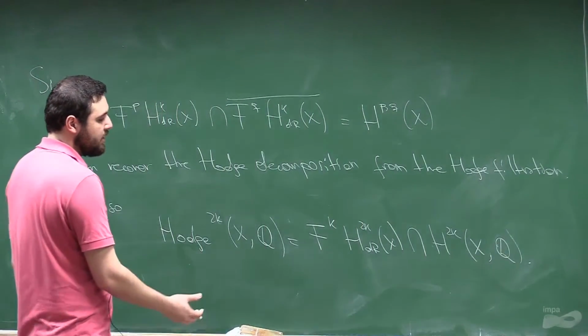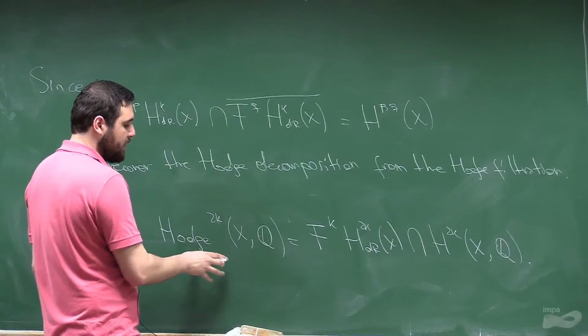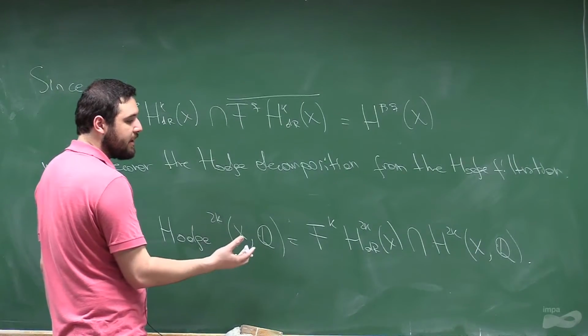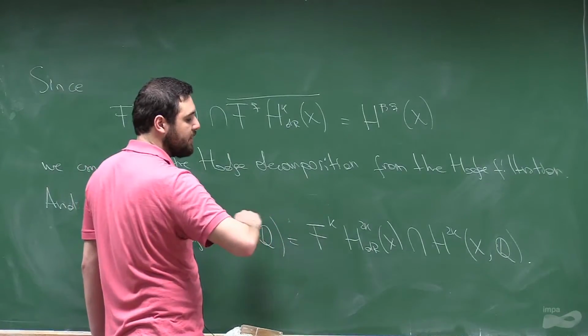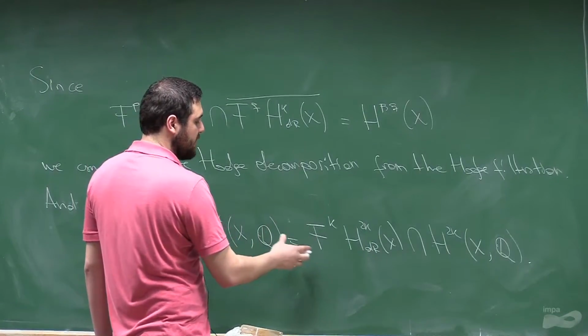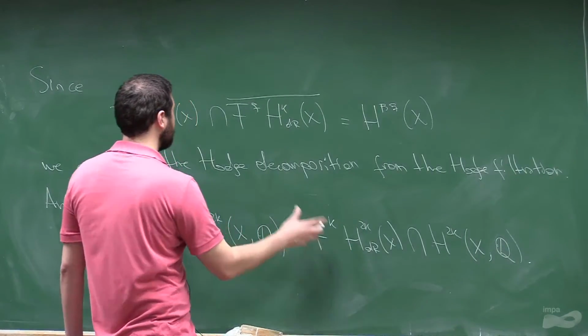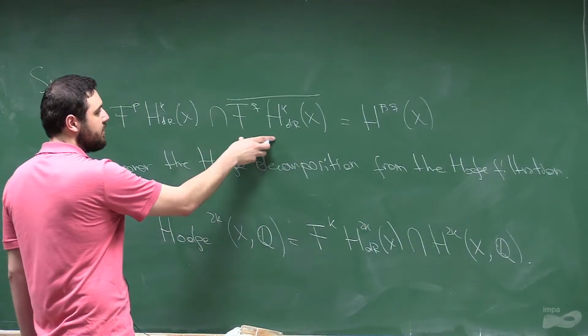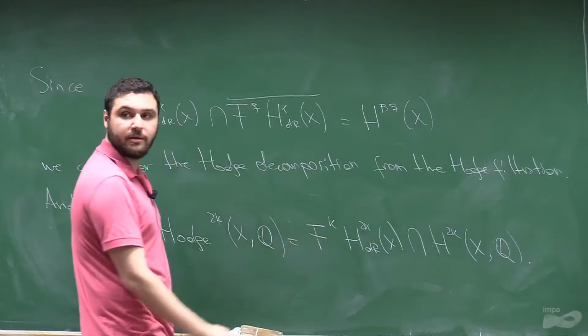Because, well, we know that the Hodge classes are real classes, so they are invariant under the complex conjugation. So it will be equal to the intersection of this with the intersection of the conjugated, and it will be H^{k,k}, right?